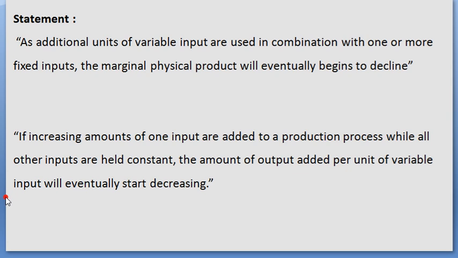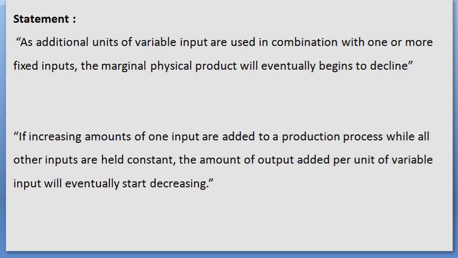This indicates that if we increase one variable input in any particular production activity, then the output received from that additional use of that input goes through three stages of returns.